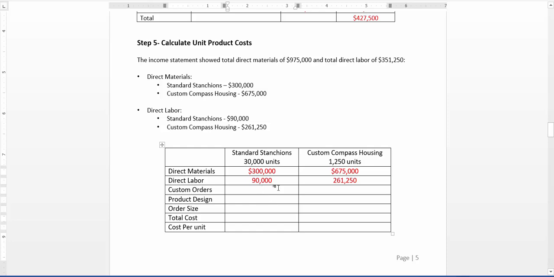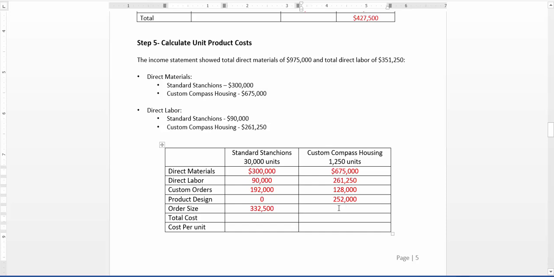Okay, so now we're going to put our overhead costs in that we calculated before. So the standard stanchion had in customer orders $192,000. In product design we had 0. And under order size we had 332,500. For custom compass housing, our customer orders was 128,000. Our product design 252,000.